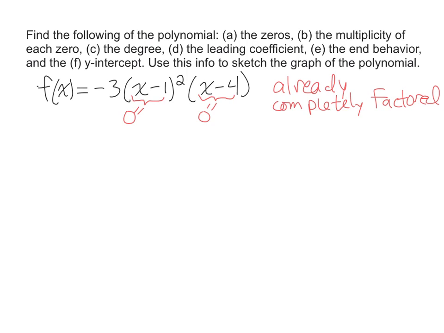So when we do this, x minus 1 equals 0 and x minus 4 equals 0 tells us that our zeros are x equals 1 and x equals 4.